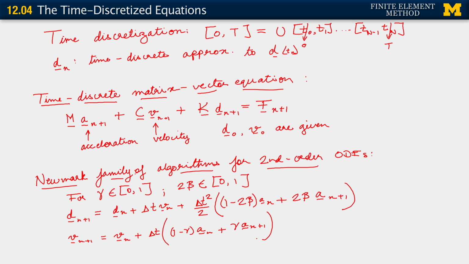Those equations, together with our time discrete matrix vector equation written above here, and of course initial conditions, right? Initial conditions here are just that d naught and v naught are known. This summarizes our family of algorithms for linear elastodynamics.